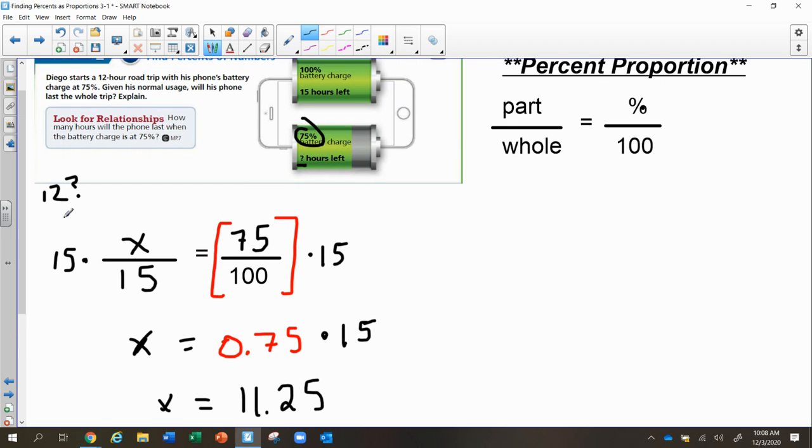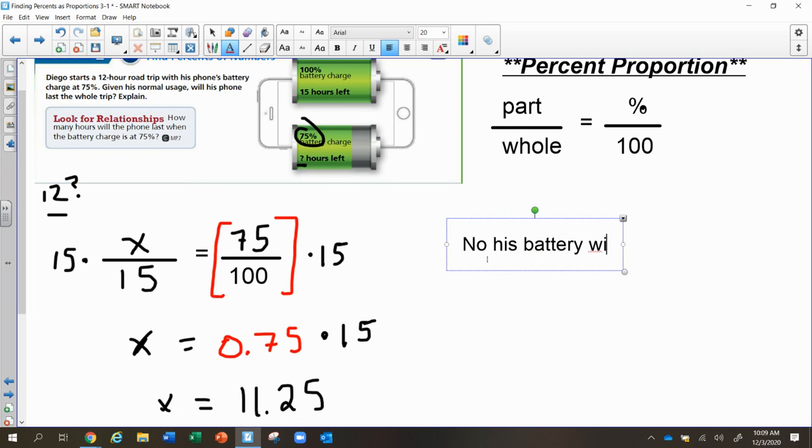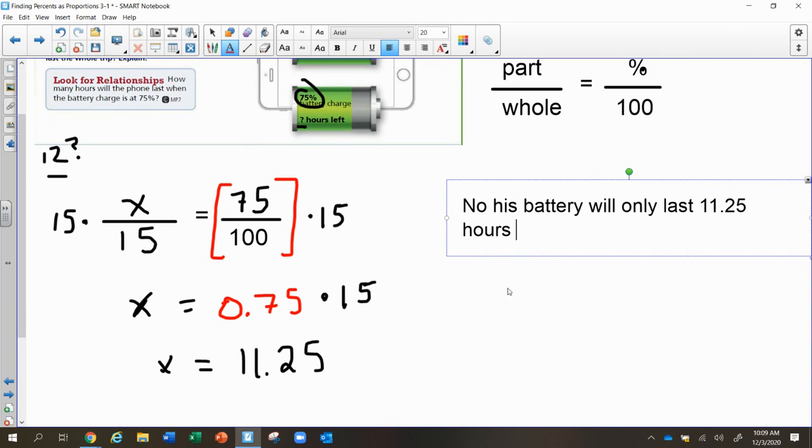Does he have enough to make the whole road trip of 12 hours? We can say, no, his battery will only last 11.25 hours. And we found that using that percent proportion.